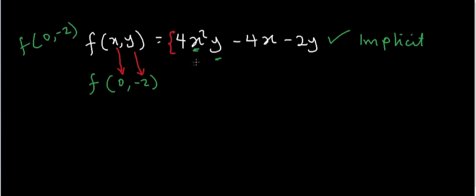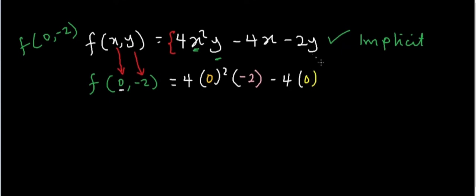So to get this, I'm going to be having 4. Instead of writing x, it's represented by what? By 0. So I'm going to be writing 0 for x squared. Then for my y, I'm going to be having minus 2. Then I'm going to have minus 4. My x is actually 0. Minus 2. Then my y is minus 2.